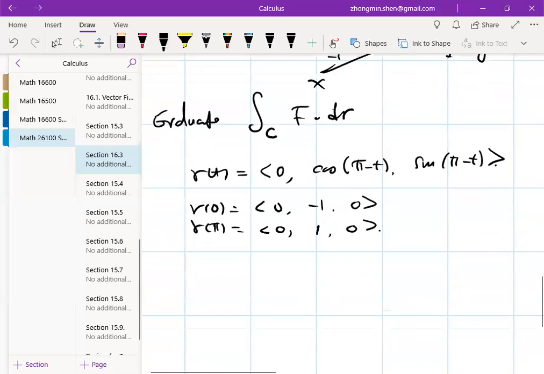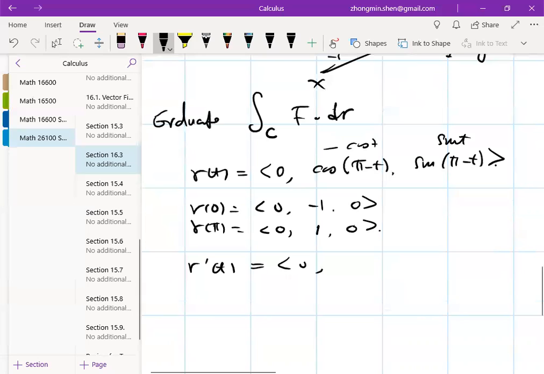So how do you solve the problem? Well, you just need to do the computation, right? It is going to be 0, and by the way, I can also do this: this is going to be negative cosine t, this is just sine t. I can change it to that, no problem.